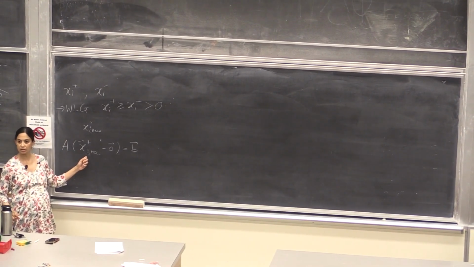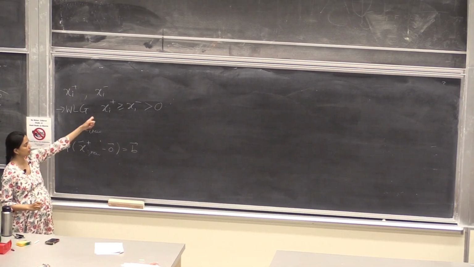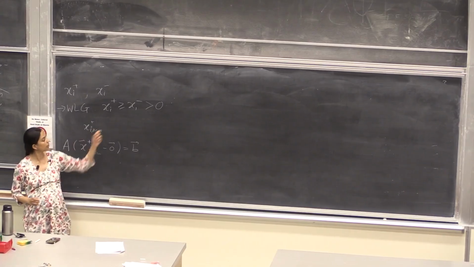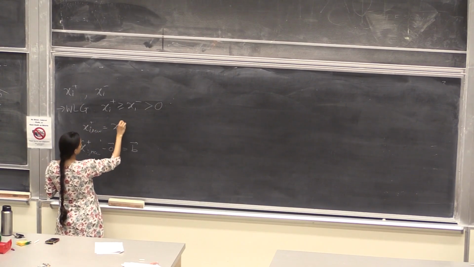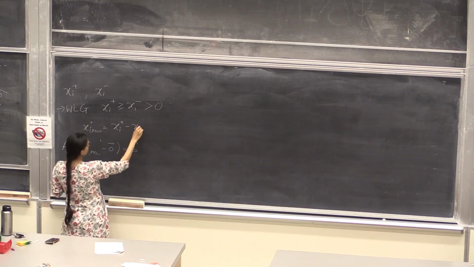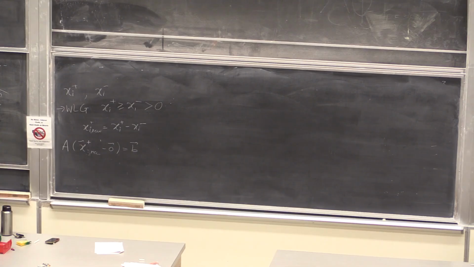Does everyone see that? Because xi plus new is basically just the difference of these two things. If I define this as xi plus minus xi minus, if I define this new x to be just the gap between these two things, I can still satisfy exactly this constraint here.